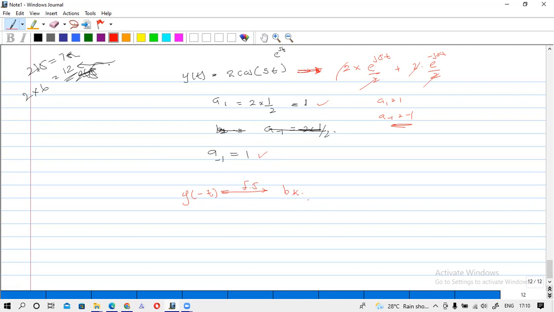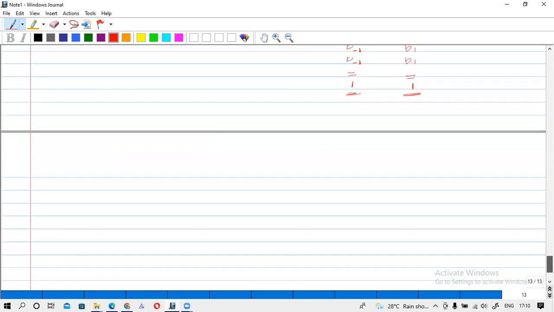Okay, so you have a reverse signal, reverse k. So instead of A1, you will have b minus 1, and that b minus 1 is equal to 1. And instead of A minus 1, you will have b plus 1, and that b plus 1 is also equal to 1.